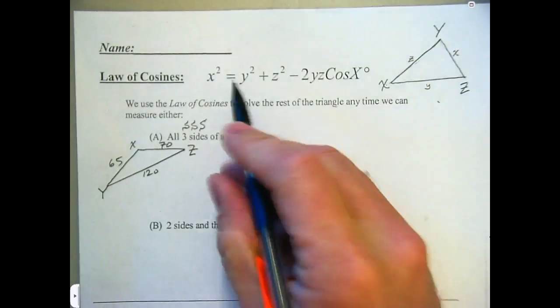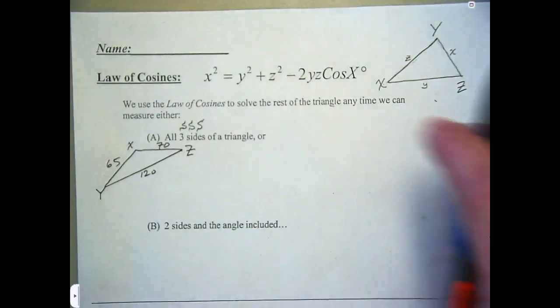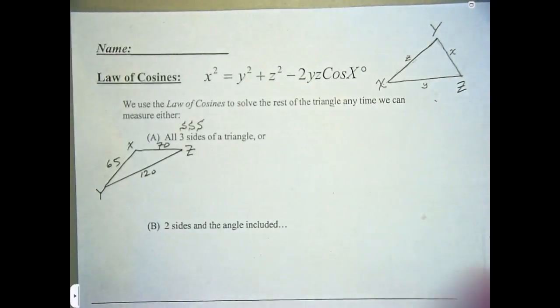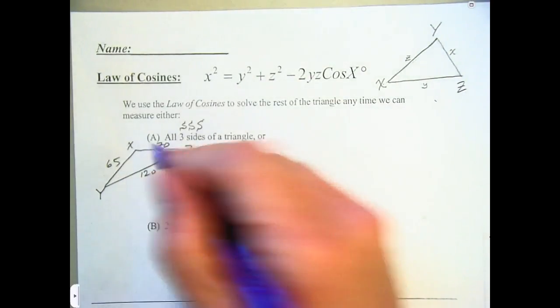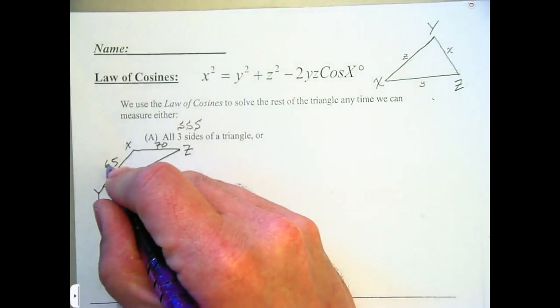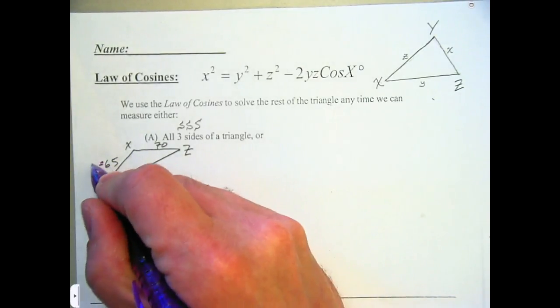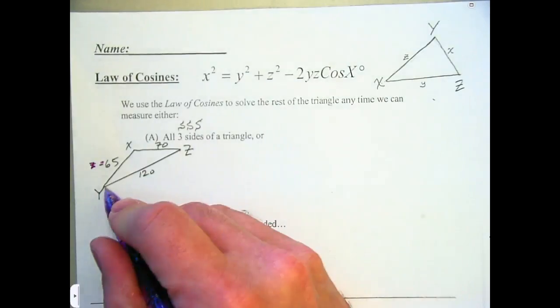Since our formula is in terms of x, I'm going to find x first. The first thing we need to do is label our sides. Right now, label your measures here in terms of sides. What side is this? 65. Z, that's opposite of angle Z. What side's this one?